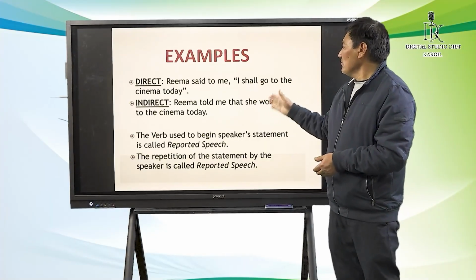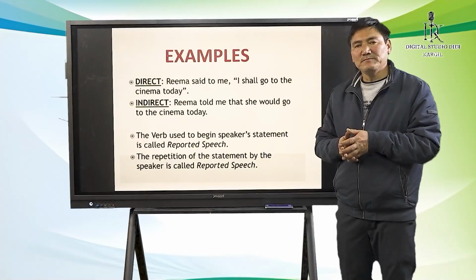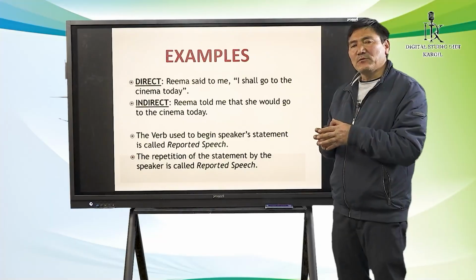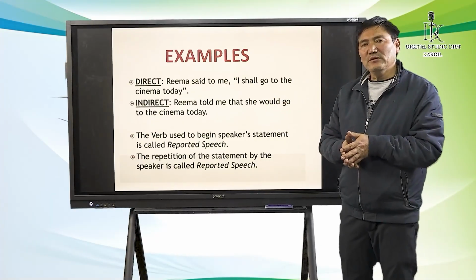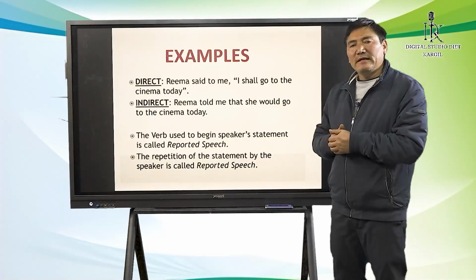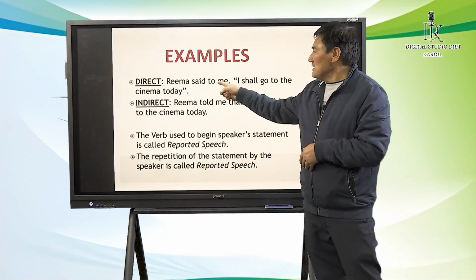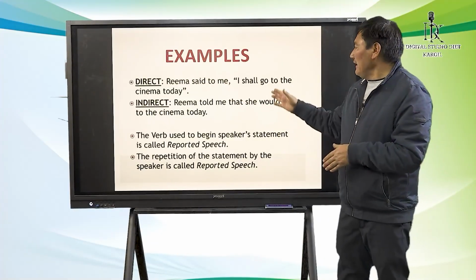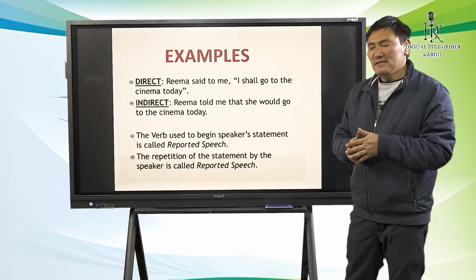"I shall go to the cinema" is the actual words of the speaker, that is called the reported speech. So, there are two main and important components of direct and indirect speech: "Rima said to me" is the reporting verb, and "I shall go to the cinema" is the reported speech.